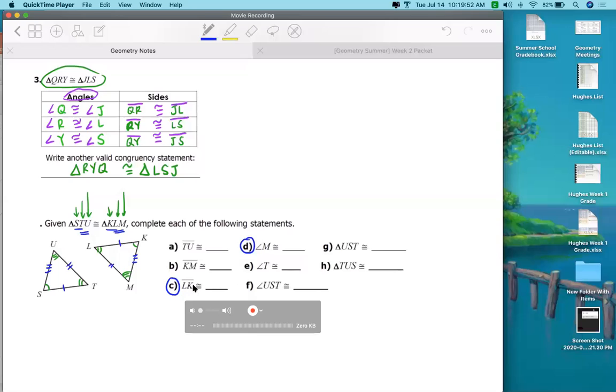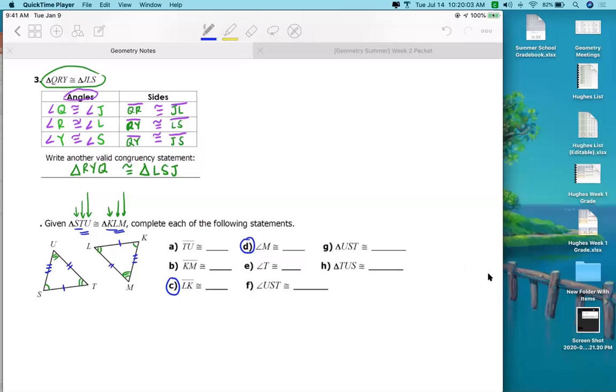So Ernesto, you see how I have LK right here? In the other triangle, which 2 letters aligned with LK? Brian, you got that? That's good. Crystal, you're good. There we go, Ernesto. Good job.